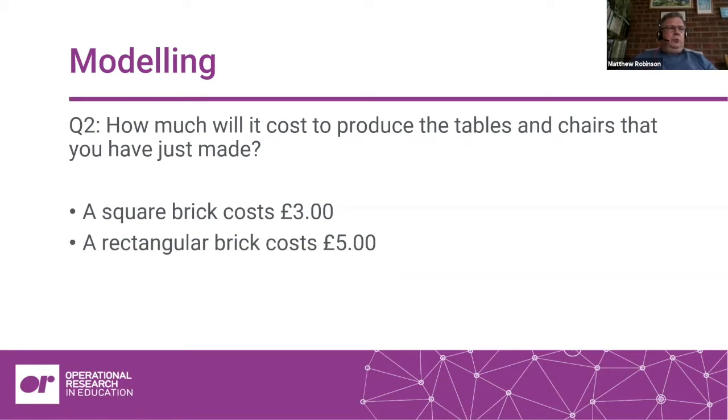And the fourth option is 3 tables and no chairs. So now we've got the cost. We understand what the options are based on our raw materials, what we could do with those raw materials, how many tables, how many chairs we could build. I've then given you some more information, which is how much each of the raw materials cost, so how much each square brick costs, how much each rectangular brick costs. So you've now got an idea of the cost.